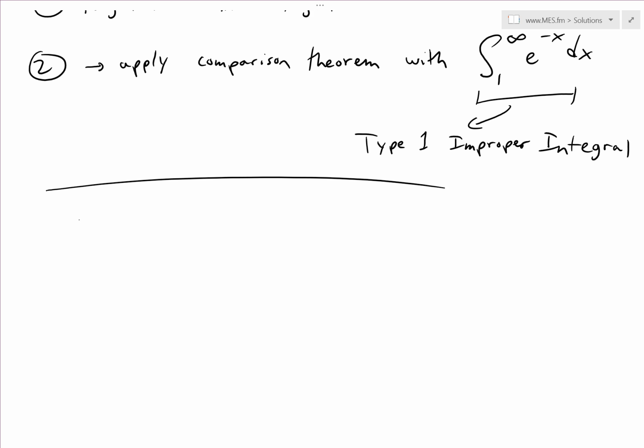The integral from 1 to infinity of e to the negative x dx, the function we're comparing with, equals the limit as t approaches infinity of the integral from 1 to t of e to the negative x dx. So now we have a definite integral right here.